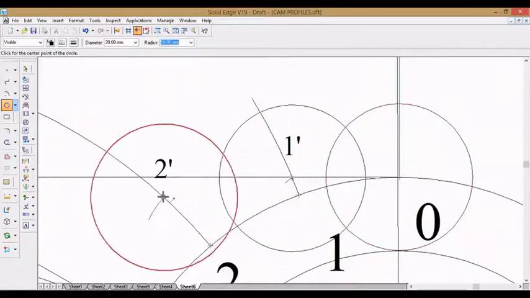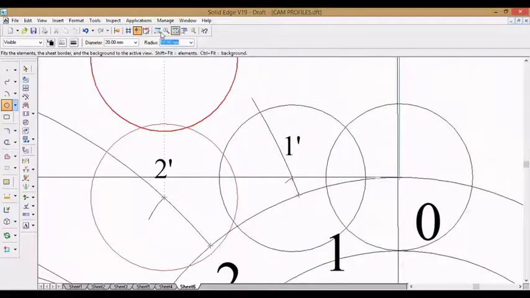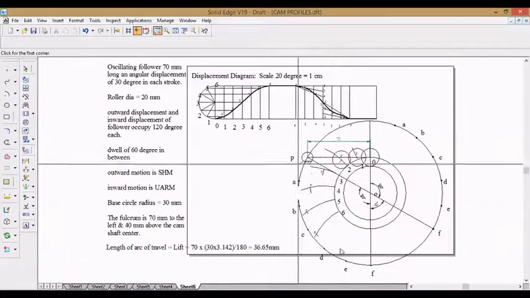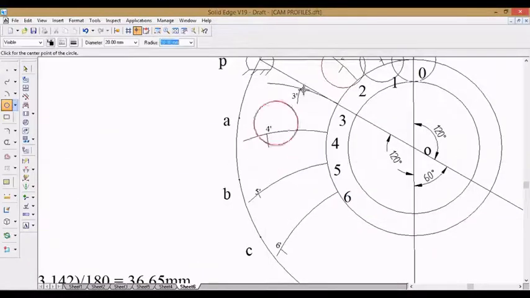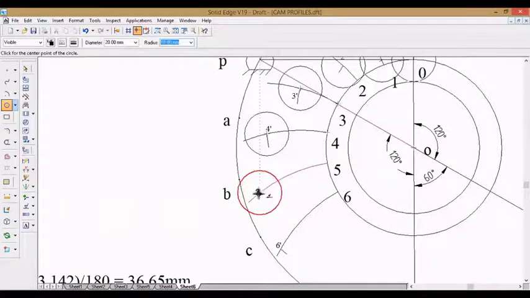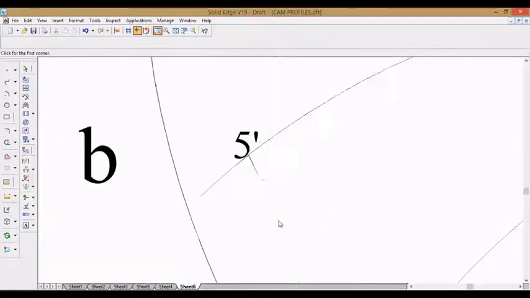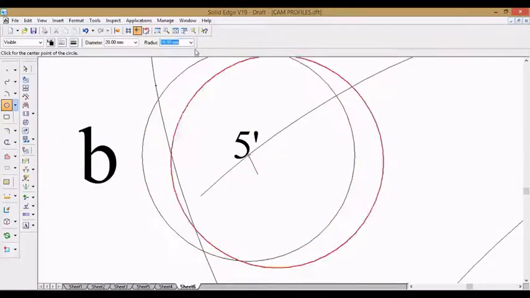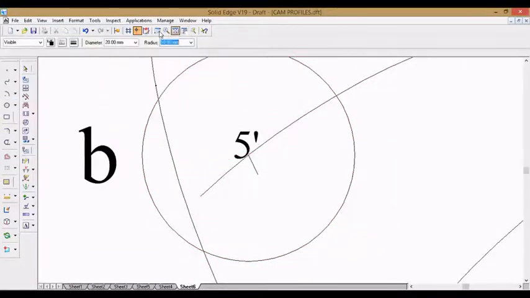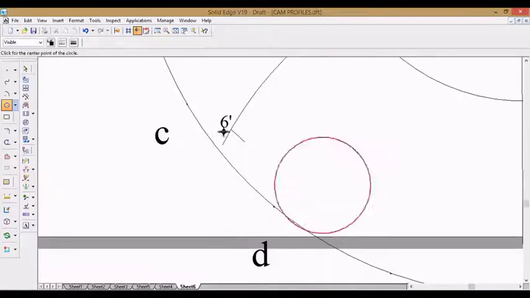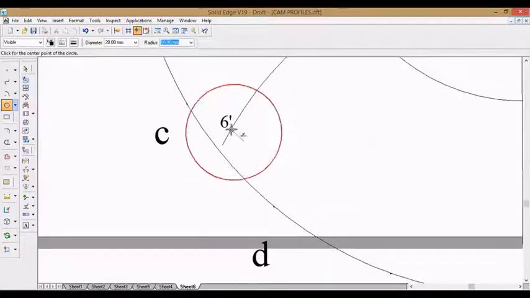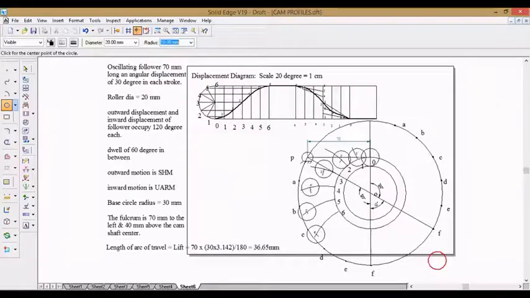You need to draw the circles on every point of 3, 4, 5, 6. Okay, so you should draw the circle at every point.